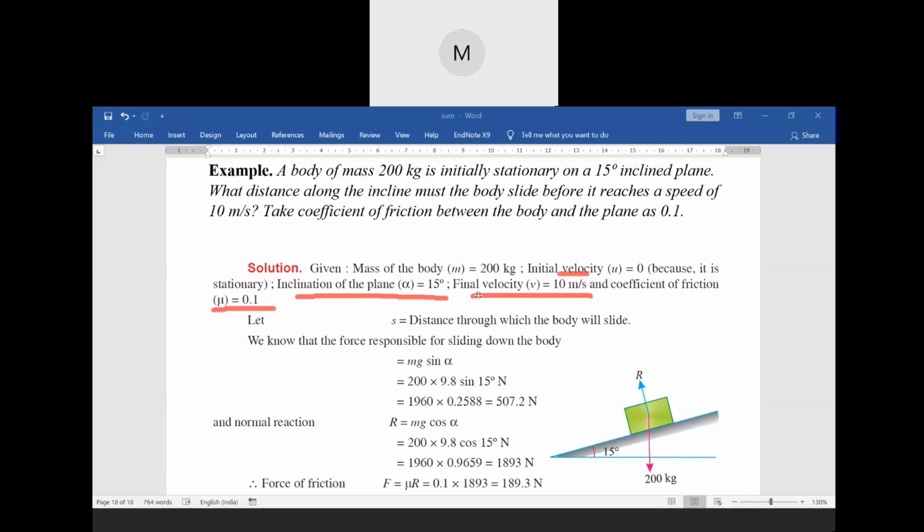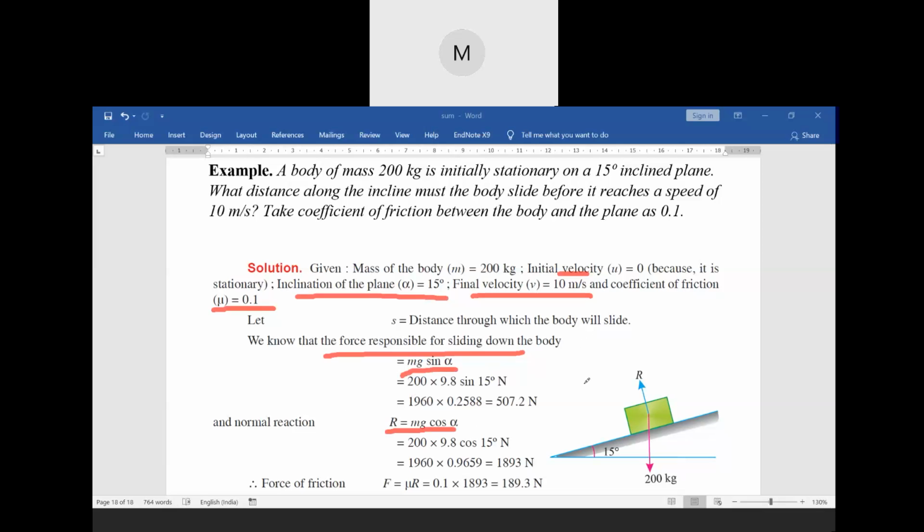Now the first thing you have to find out is the force responsible for sliding the body. The force responsible for sliding the body is given by mg sine alpha, and the normal reaction R is given by mg cos alpha.